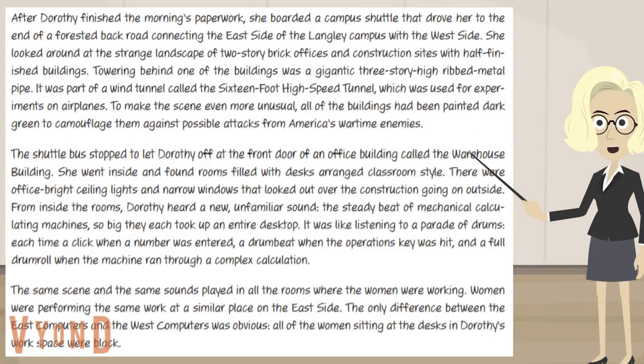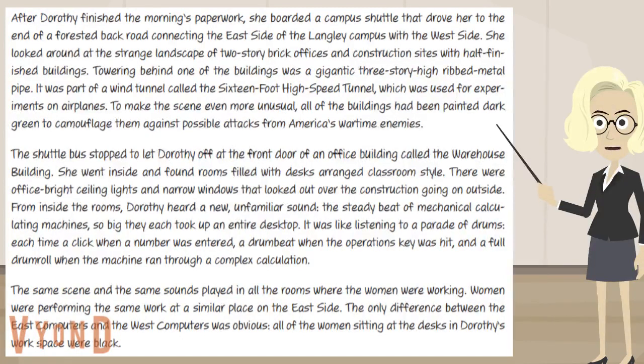After Dorothy finished the morning's paperwork, she boarded a campus shuttle that drove her to the end of a forested back road connecting the east side of the Langley campus to the west side. She looked around at the strange landscape of two-story brick offices and construction sites with half-finished buildings.